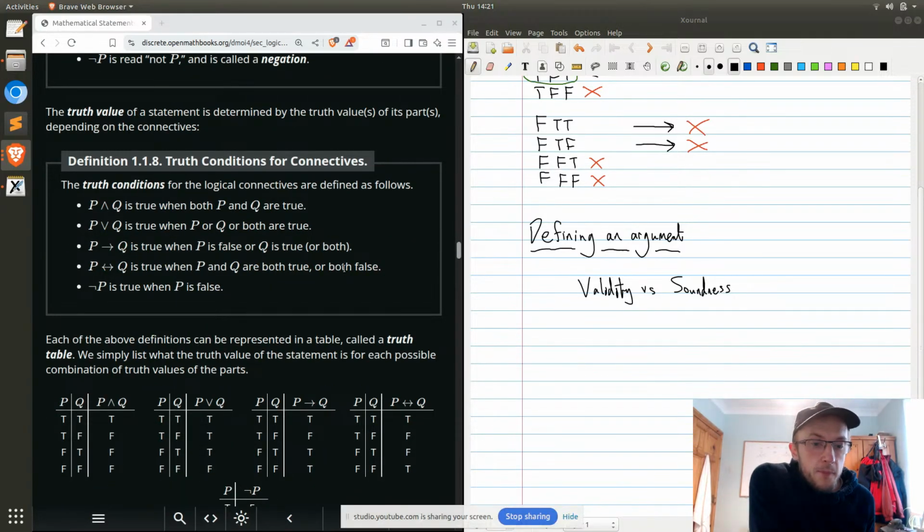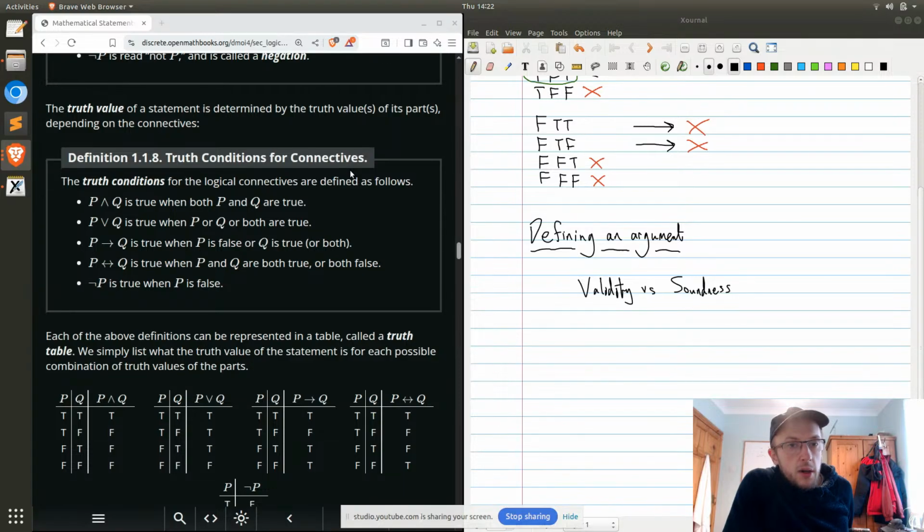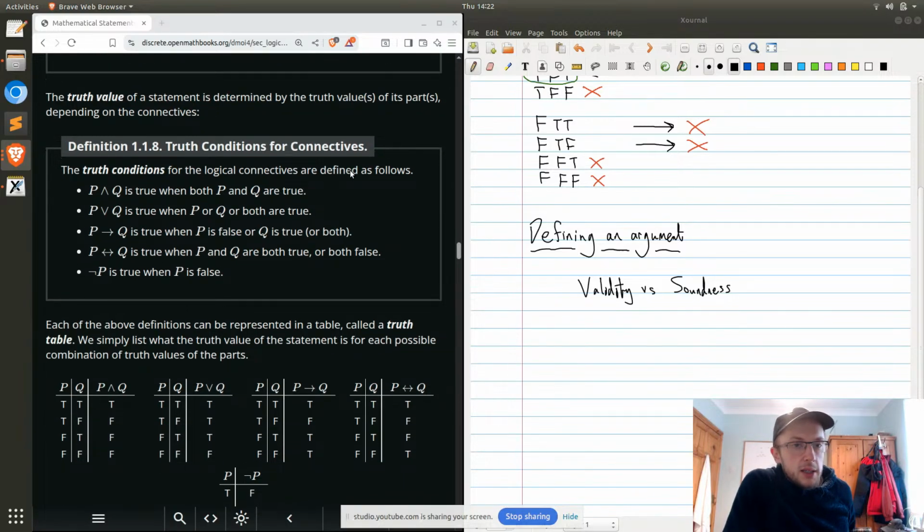As stated, the truth value of a statement is determined by the truth values of its parts, depending on the connectives. The truth conditions for the logical connectives are defined as follows. P and Q is true when both P and Q are true. I would say only when both P and Q are true, but they can phrase that how they like. P or Q is true when P or Q or both are true.